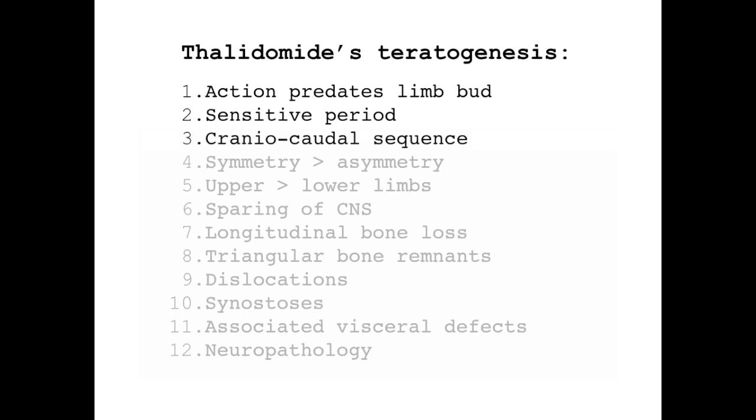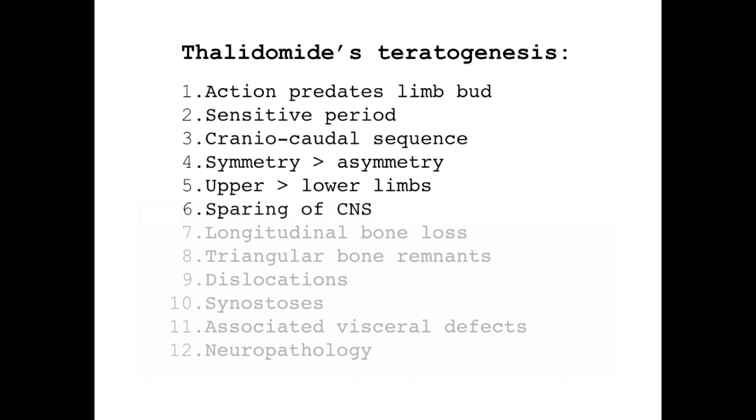Thirdly, there was a craniocaudal sequence of occurrence of the defects, established again in Germany by Novak and Lenz. Fourthly, there was symmetry and asymmetry, both seen in the thalidomide series, in all the large published series in the literature. And also in all series, there were upper limb defects more commonly than lower limb defects.